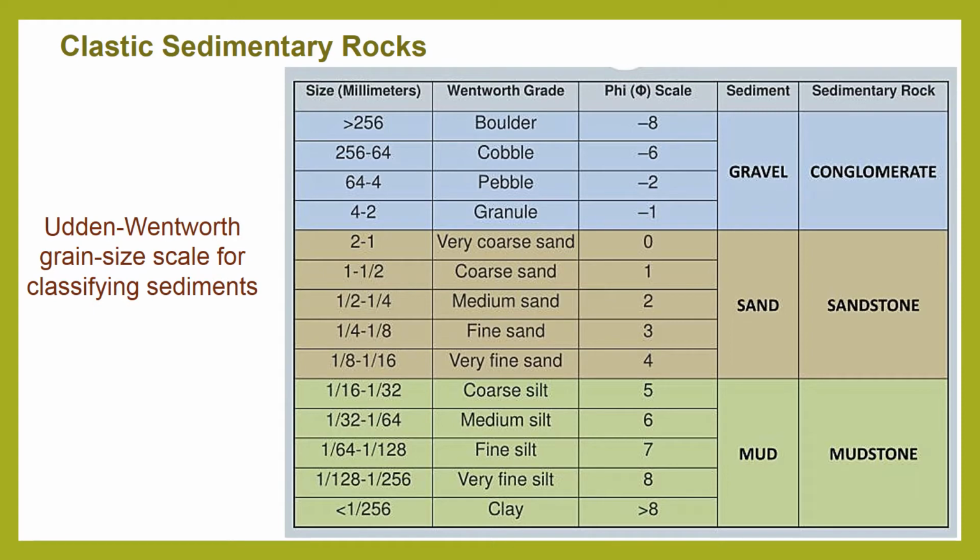Same idea for siltstone. You start from 1/16 millimeter coarse silt, and you go down till you reach clay, which is smaller than 1/256 millimeter. The sediment here is called mud, and the representative of this sedimentary rock is called mudstone.